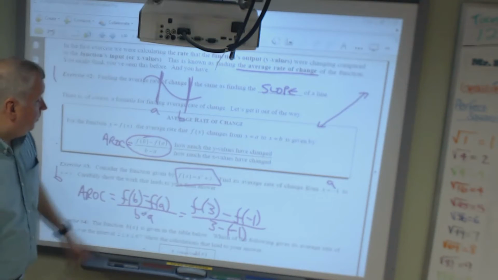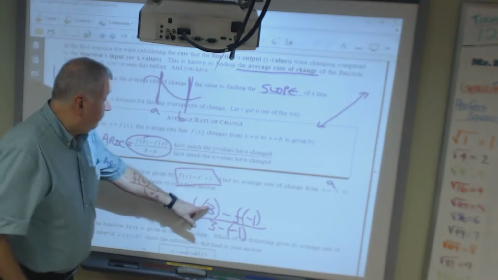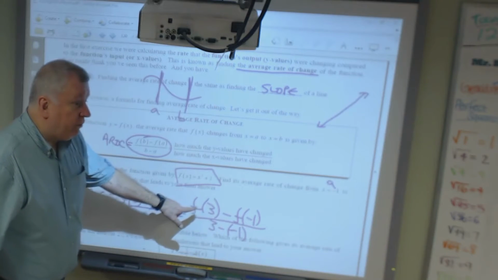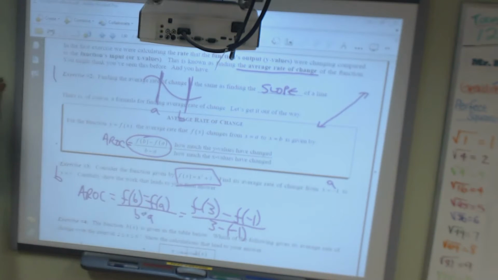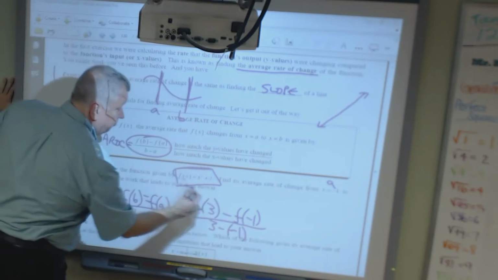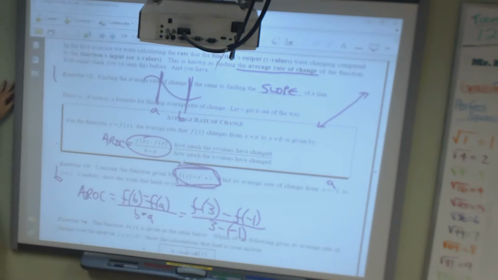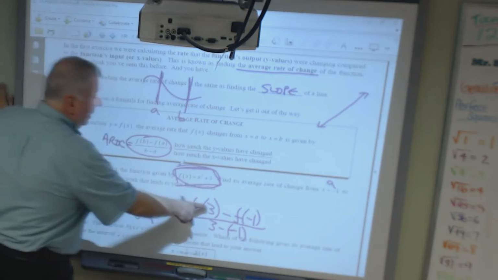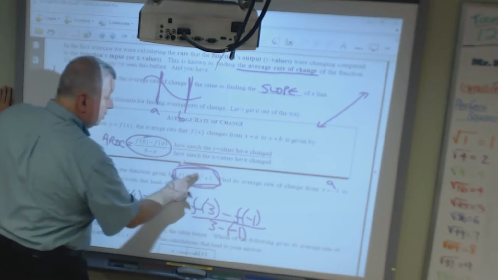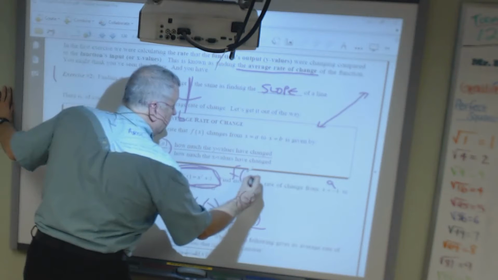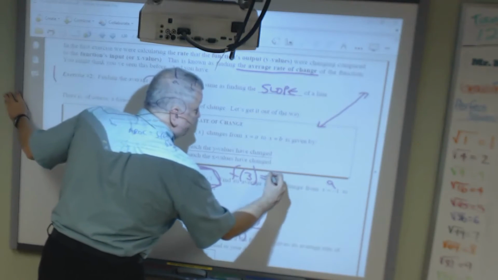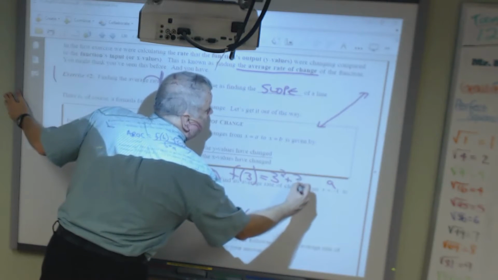So, what would f of 3 be? How can we figure out what f of 3 would be? You plug it in to the x. Right. So f of 3 would be 3 squared plus 3. 12.